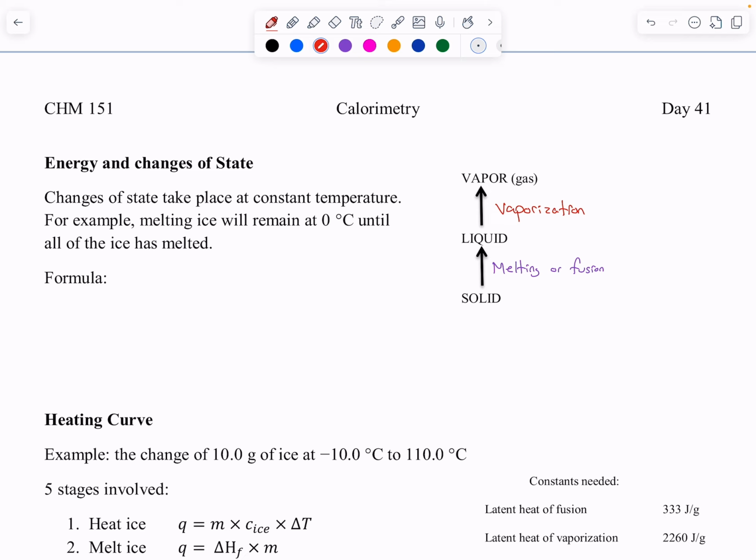All right? So now we know that changes of state take place at constant temperature. Think about it. Q equals mc delta T. If we're at constant temperature, that's not changing. There's no change in delta T. That's 0. That means Q is 0. But you empirically know that that's not going to work for like boiling water.